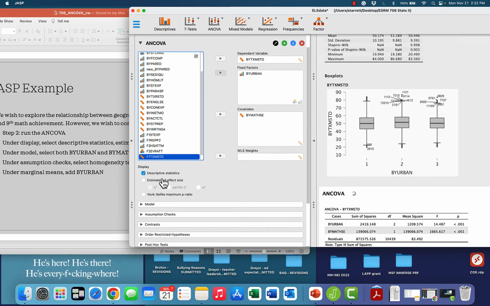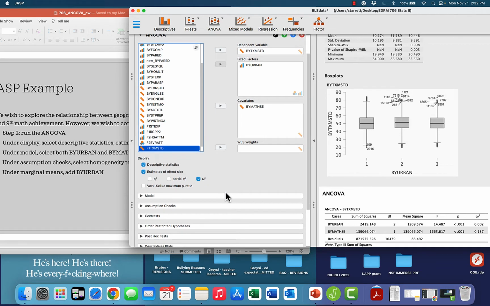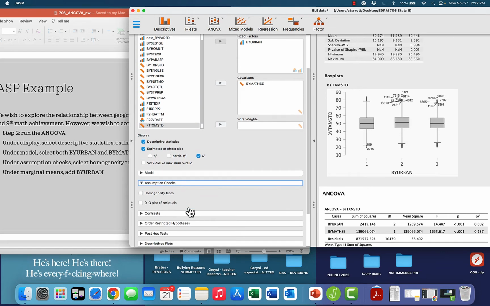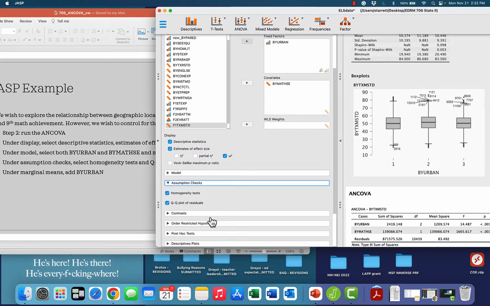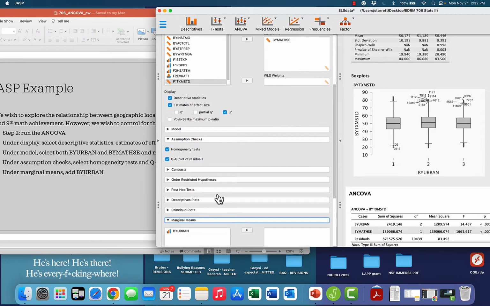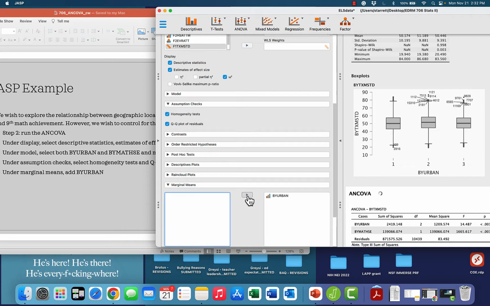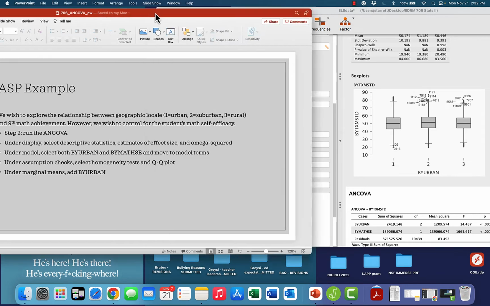We're going to check descriptive statistics and estimates of effect size, but we want omega squared. We are going to check both of our assumption checks for homogeneity and QQ plot of residuals. And under marginal means, we want base year urban.